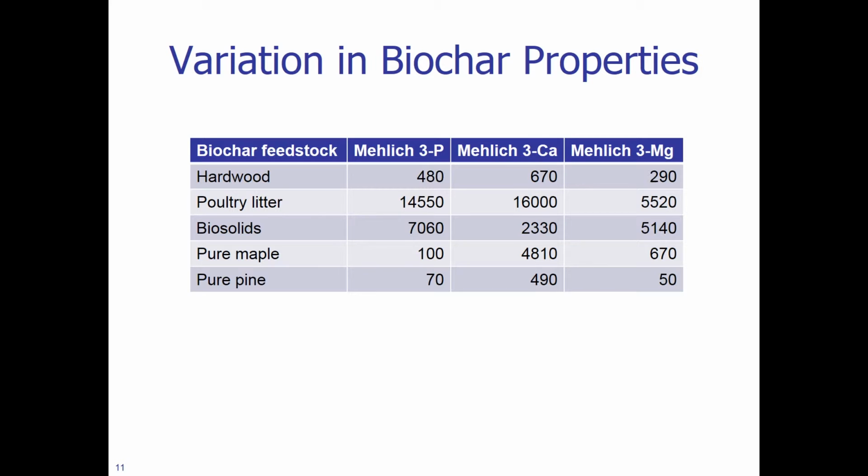The pure maple and pure pine, all of them have very different Mehlich 3 values, as well, whether it is P, calcium, magnesium, and perhaps all the other nutrients as well, and therefore biochar behavior would depend very much on the biochar feedstock for any given soil type.